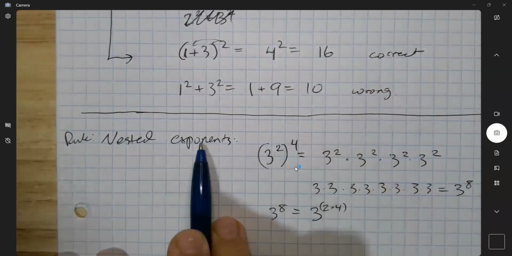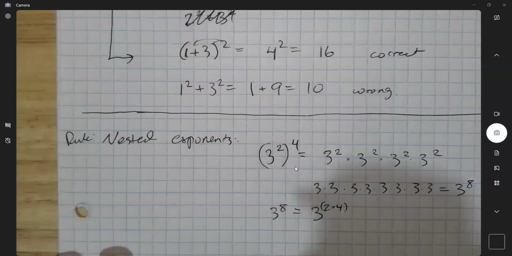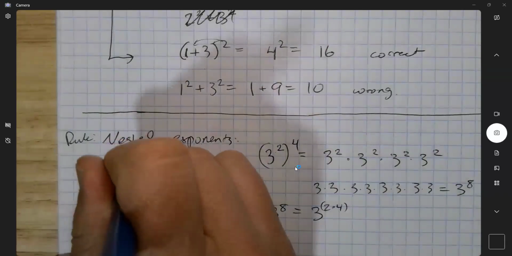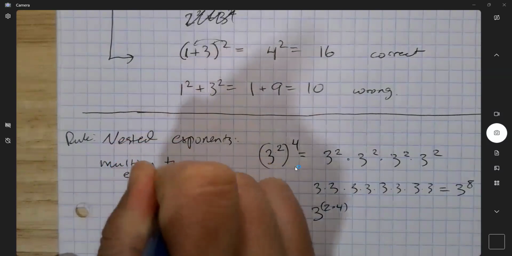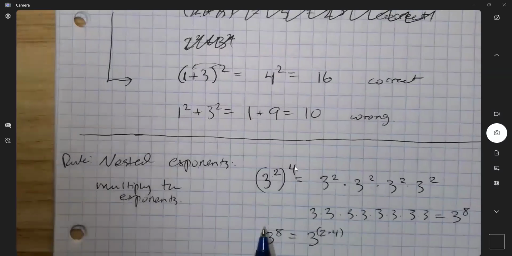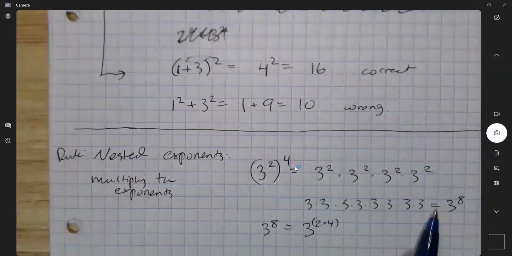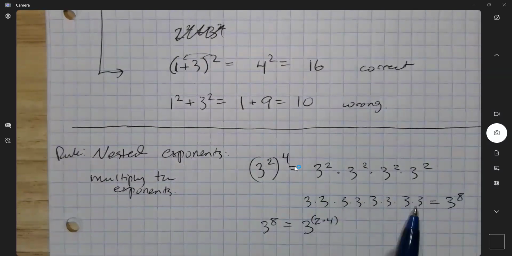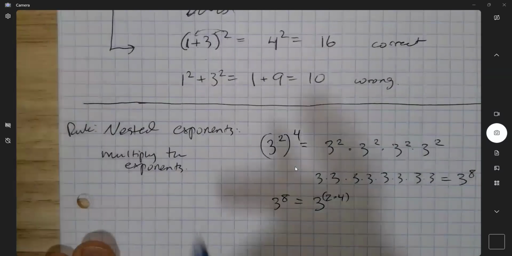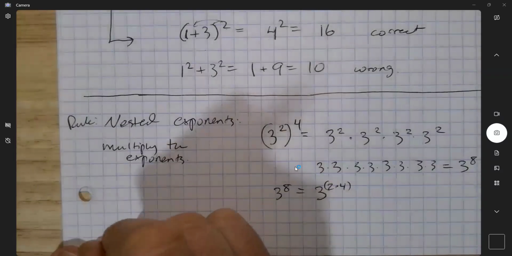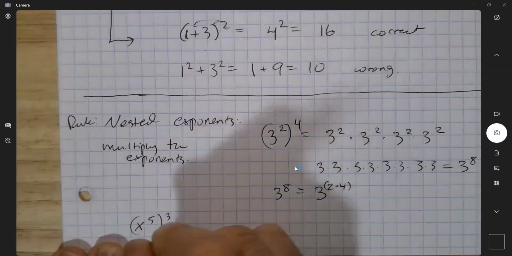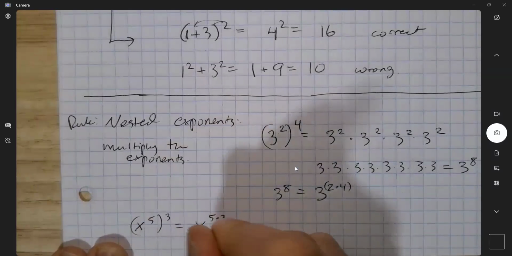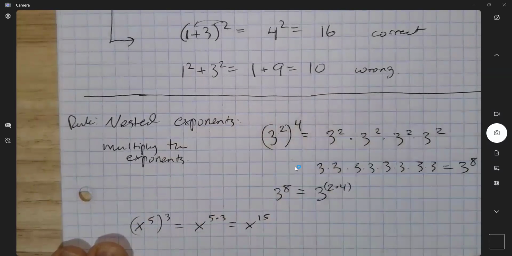So when you have nested exponents, you multiply the exponents. And again, it comes exactly from the rules of what exponents are. It's just repeated multiplication. So for nested exponents, you multiply the exponents. For example, if I have x to the 5th and then I cube that, that would be x to the 5 times 3, which is x to the 15.